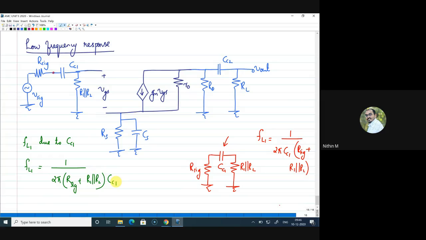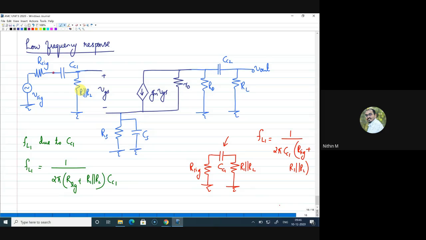This is the cutoff frequency due to CC1. To find the cutoff frequency due to a capacitor, I write 1 by 2 pi R into that specific capacitor, where R is the sum of the resistance connected across the capacitor. For CC1, I see R signal on the left side and R1 parallel R2 on the right side. I hope this is clear.